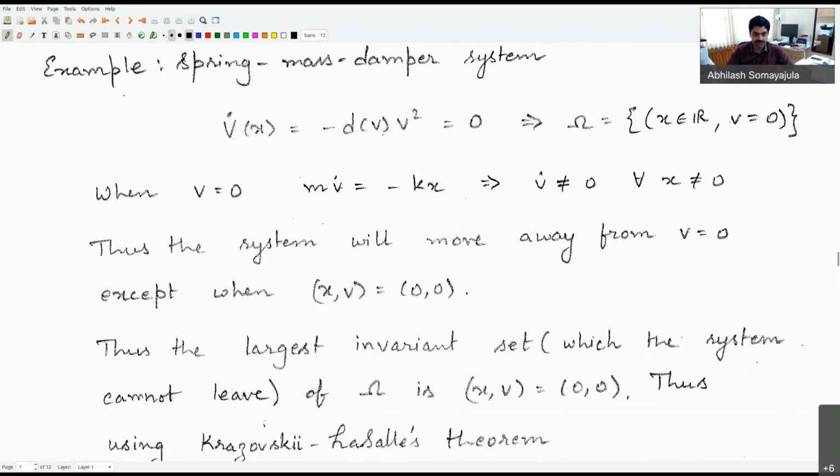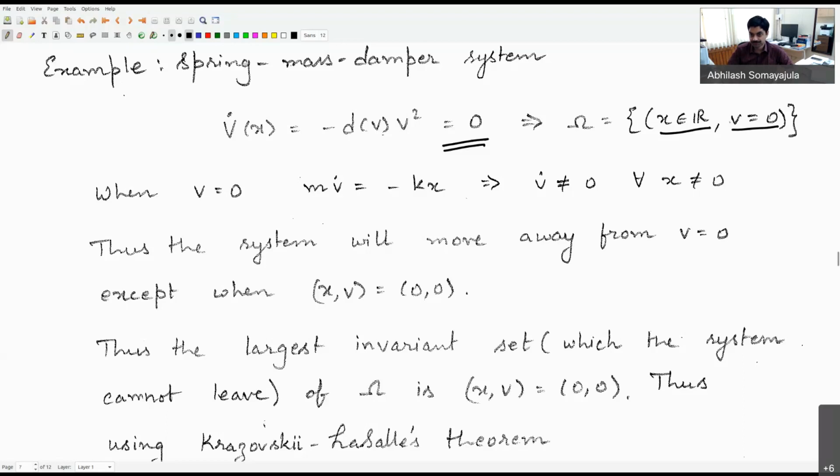So if we go back to our spring mass damper system, we saw that V dot is less than or equal to 0. Now, if we wanted to identify where this V dot is exactly equal to 0, we see that omega here is the set of all values where x belongs to the real numbers and v is equal to 0. For all of these points, V dot will be exactly equal to 0.